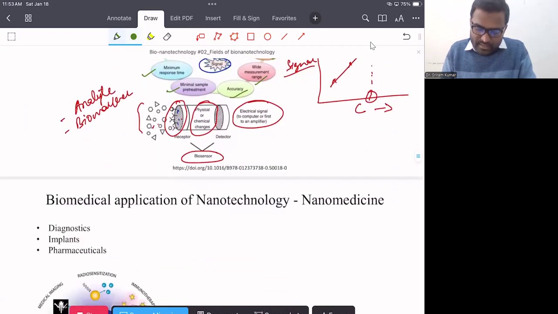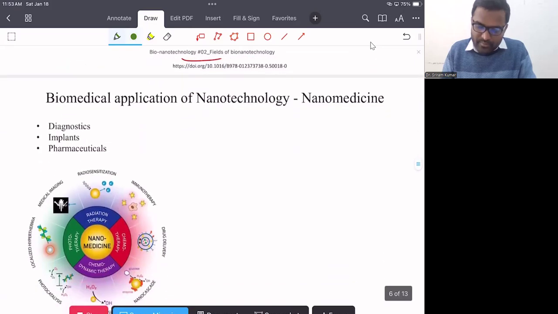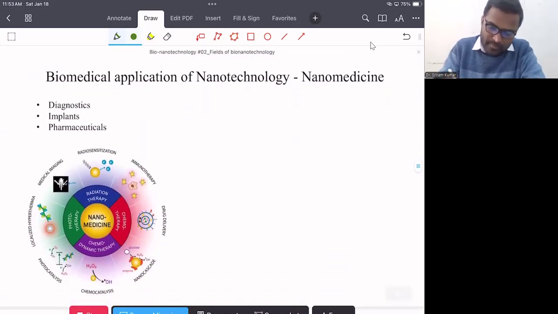Okay, so now let's understand, based on an example, nanomedicine. Based on those nanomaterials, we can use nanomedicine in different applications. For example, we can use it in radiation therapy, phototherapy, chemodynamic therapy, and chemotherapy. These are the areas of nanomedicine.